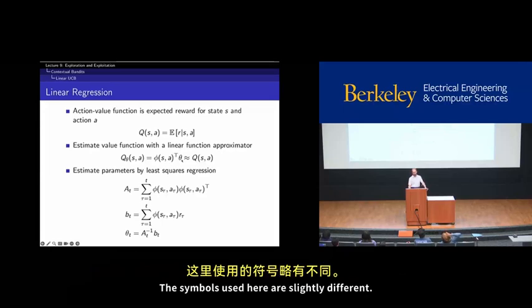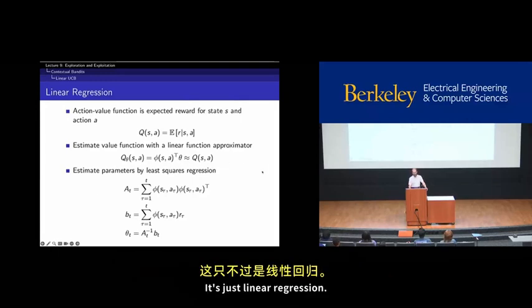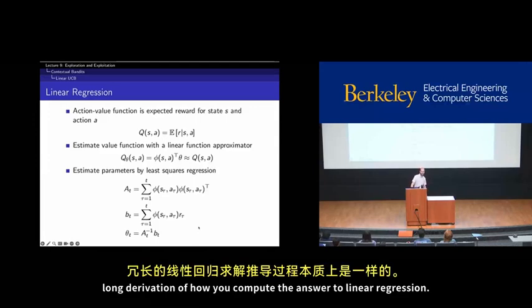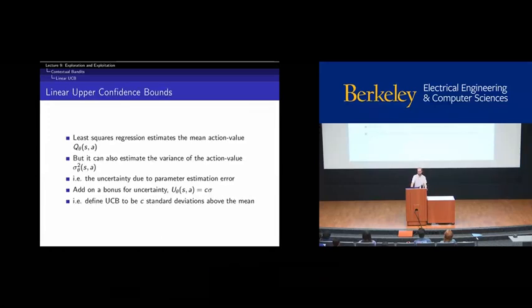The symbols used here are slightly different. We used W before, but here it's theta. But it's the same thing. It's just linear regression. Here's how you calculate it. This is the same thing as when I showed you that big long derivation of how you compute the answer to linear regression. And don't worry, you don't need to remember it.